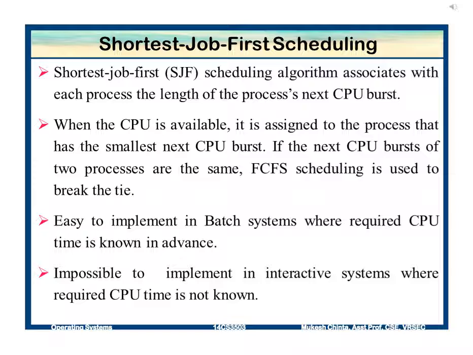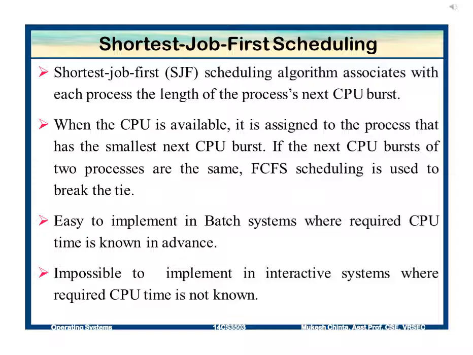The performance of this algorithm is very good in comparison to FCFS. The SJF scheduling algorithm is provably optimal. It gives the minimal average waiting time for a given set of processes.